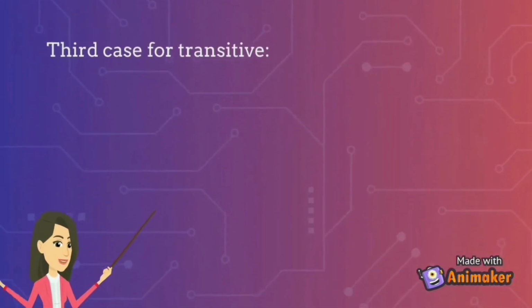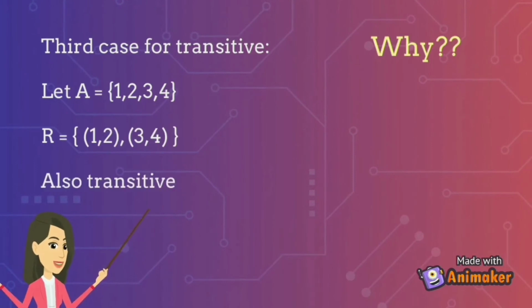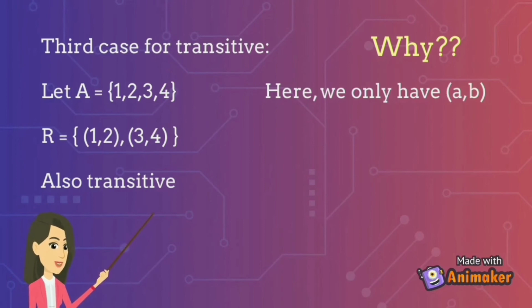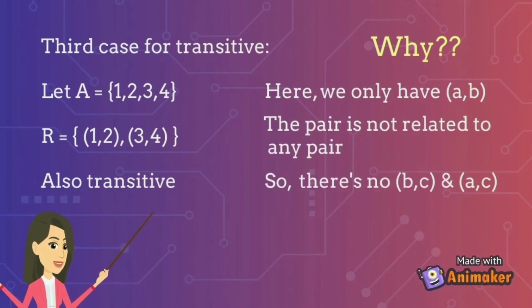For the third case of transitive, let's look at this example. This is a transitive relation. Why? Here we need to take the first pair, which is 1 2, as our AB. Now we need to find our BC pair, but there's no pair related to this one. So we can say that there is no BC and also automatically no AC in this pair.